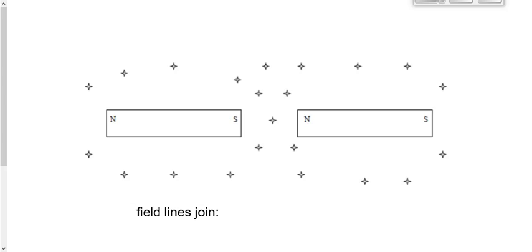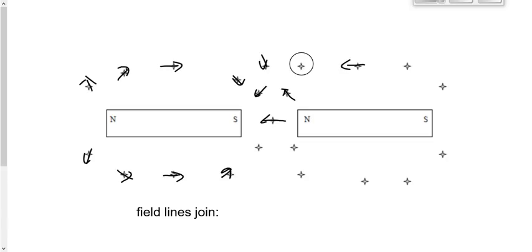Now, if we take a look at my second diagram, where we have two magnets, a north against a south, then we should see arrows that look kind of like this. Again, not necessarily perfect, but close. These are backwards.